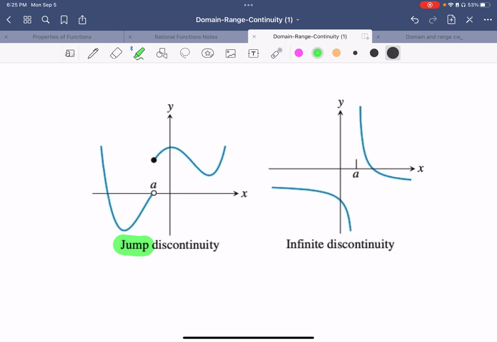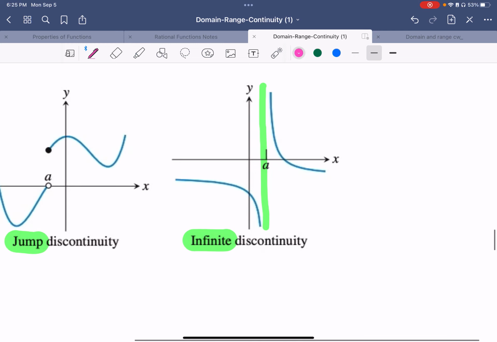What we are going to focus on as well is infinite discontinuities, which is essentially just a vertical asymptote. So you can see that along the line of a, there is a vertical asymptote where the graph gets really, really close to it, but it doesn't ever touch it.